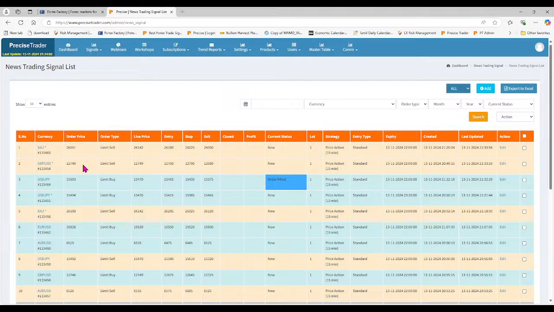Okay, the gold, you can see 13 half, whether you can do 13 half.